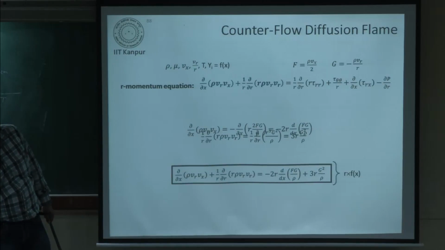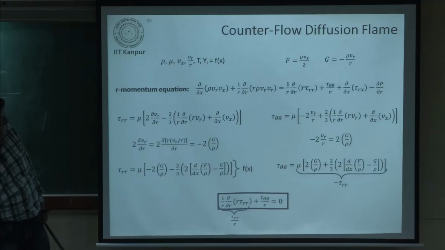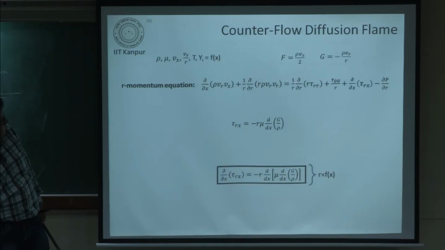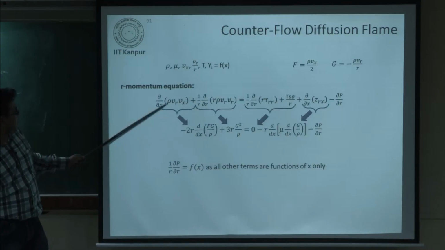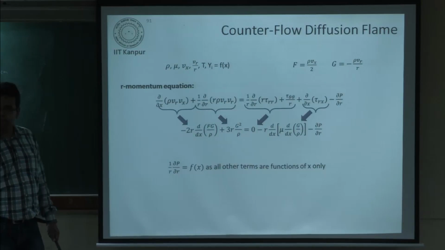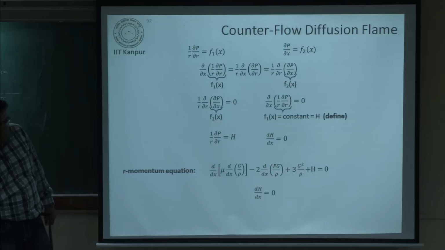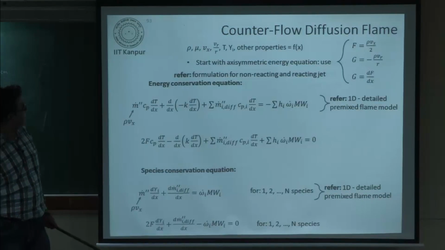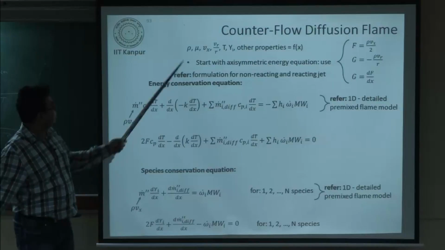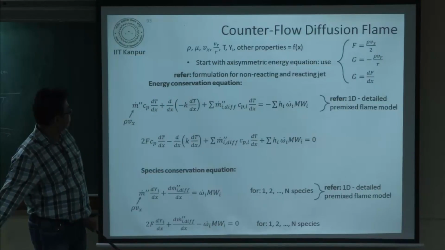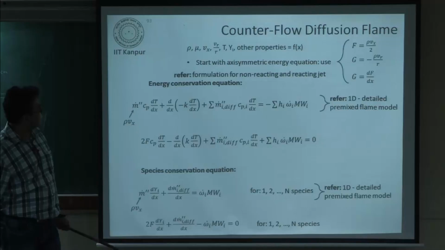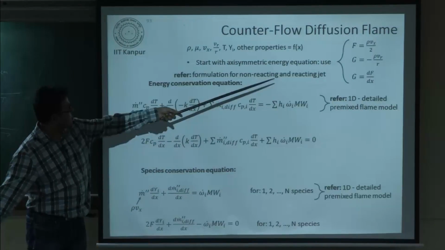A similar treatment you can do for the r momentum equation, and again it becomes an ODE. Finally we have this many unknowns, and we have reduced it to f and g.